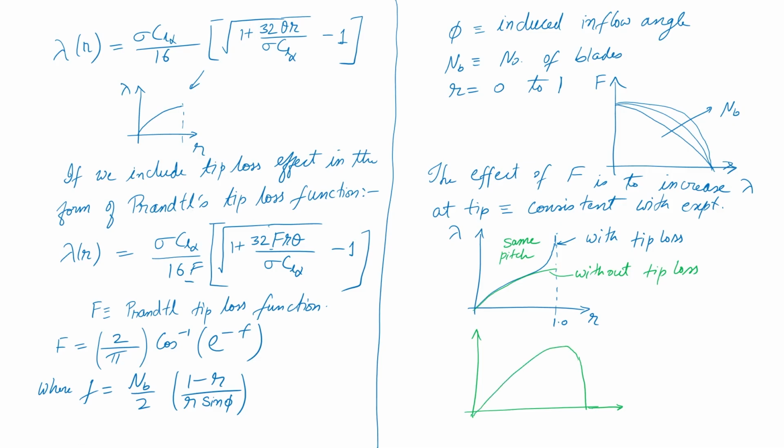Okay. As opposed to what was there earlier. So, in the earlier case your thrust could have just increased like this. Okay. So, this is dCt versus r. Yeah. So, this is no tip loss and the green is with tip loss.